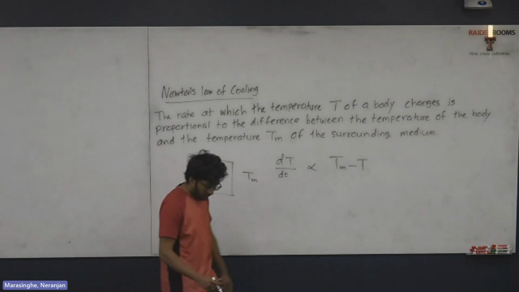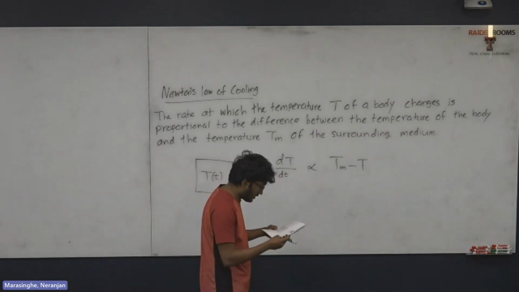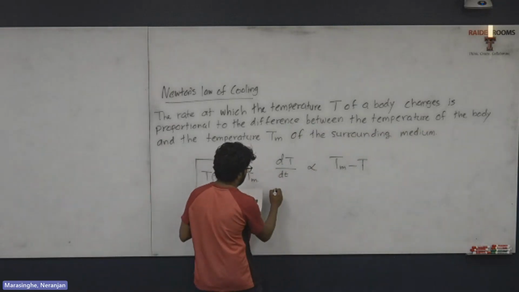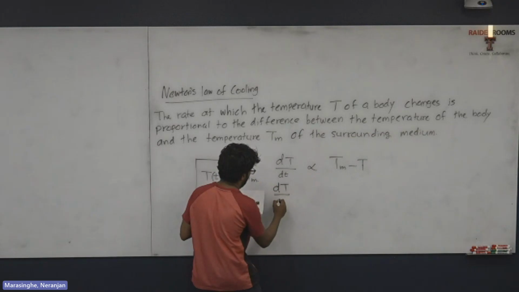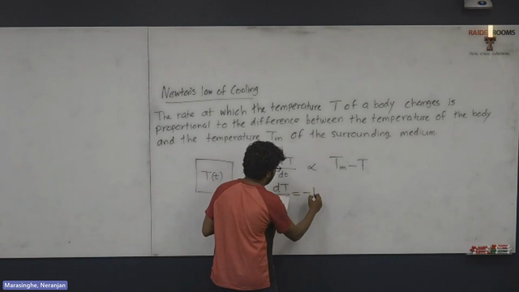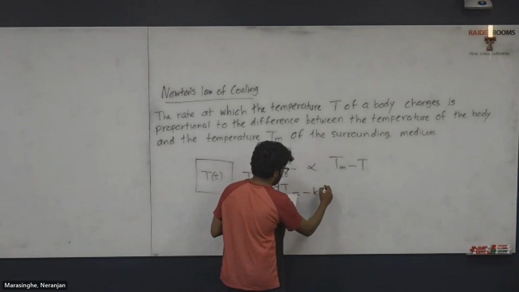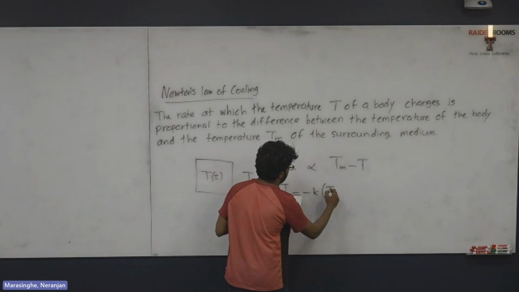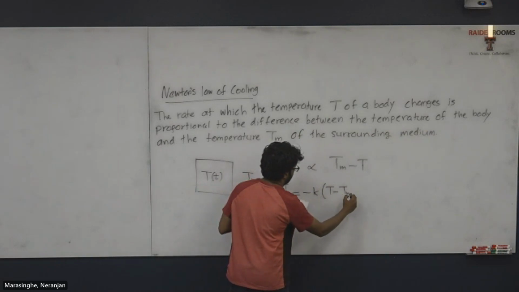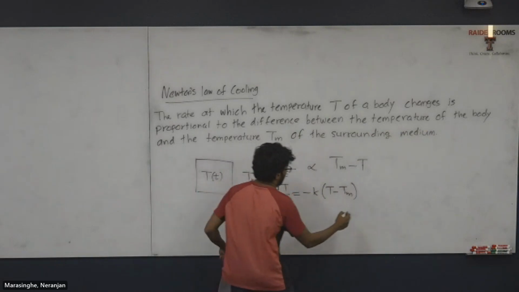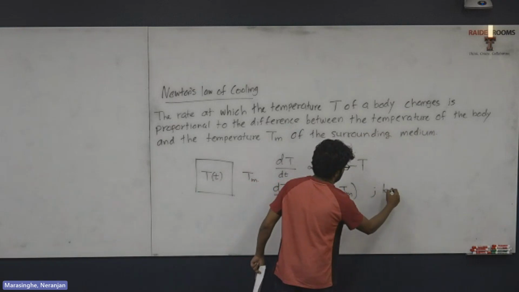So again, for this proportionality, we can add the proportionality constant and then this is how the equation would look. The rate of change of temperature is equal to negative k times T minus Tm. Here k is a positive constant.